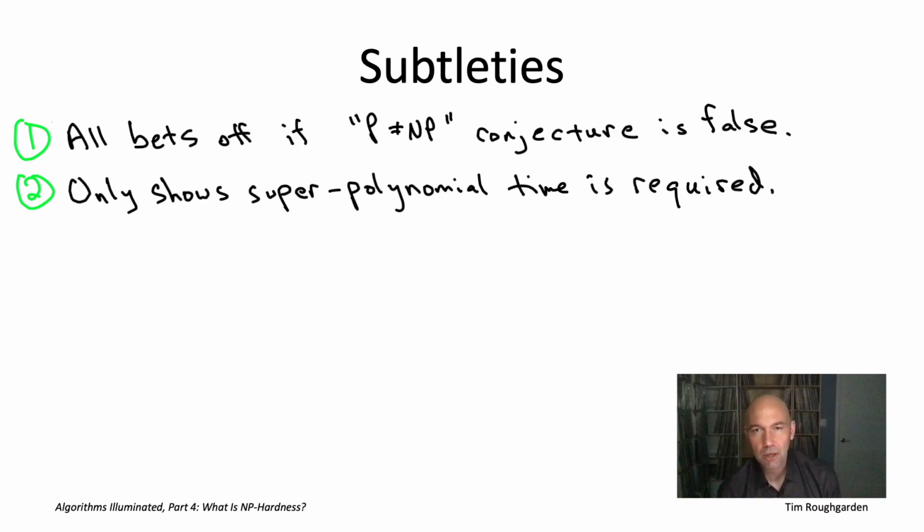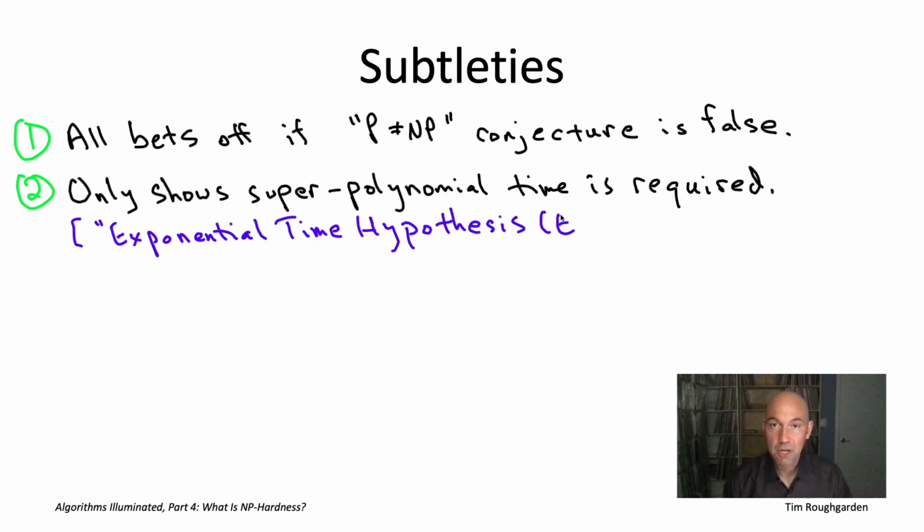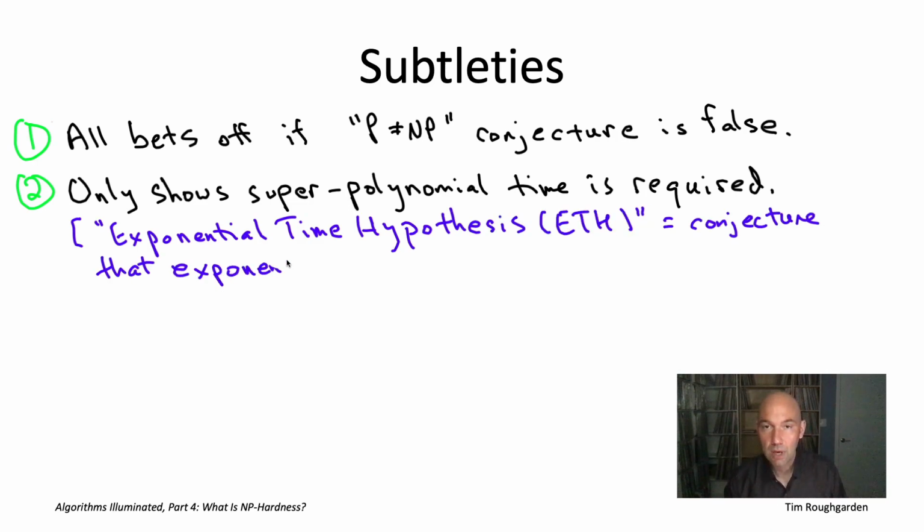We'll say a little bit more about the halting problem in the complexity theory lectures. But for the most part, we're going to be discussing problems that, if nothing else, could be solved in exponential time. So the strongest possible computational intractability statement you could make is that exponential time is required. And that's exactly what the exponential time hypothesis asserts for the NP-hard problems we'll be discussing in this playlist.